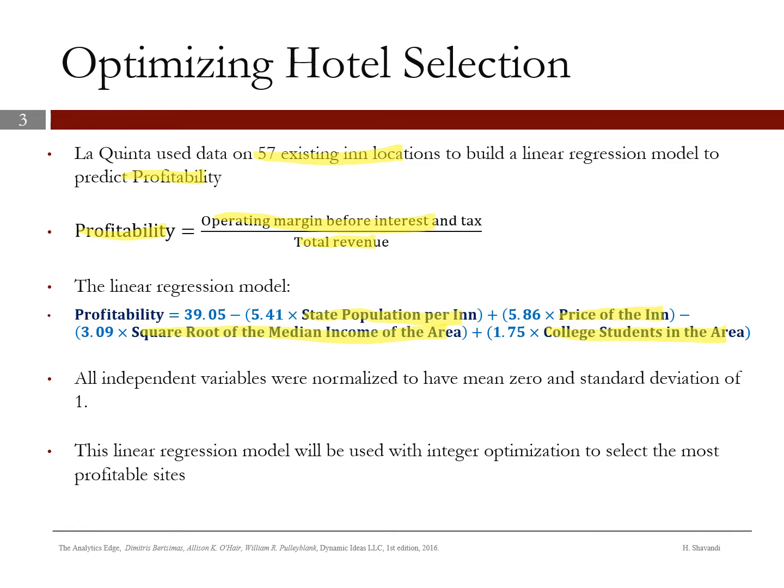Before applying the linear regression model, all independent variables were normalized to have mean 0 and a standard deviation of 1. And this is a perfect example that relates a predictive model to a prescriptive model.